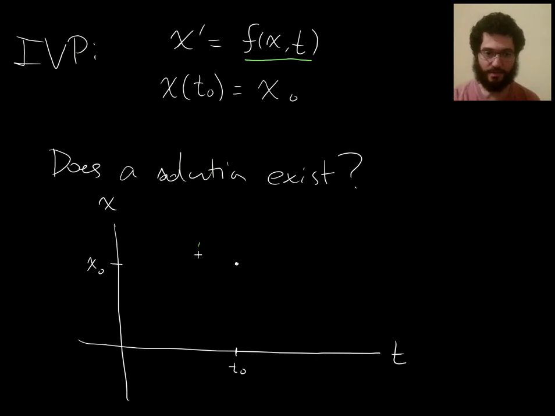If there is a rectangle that contains your initial condition point, t naught comma x naught, in the inside of the rectangle, so not on the edge, not on the boundary, and with the property that in that rectangle, f of x and t is a nice function.